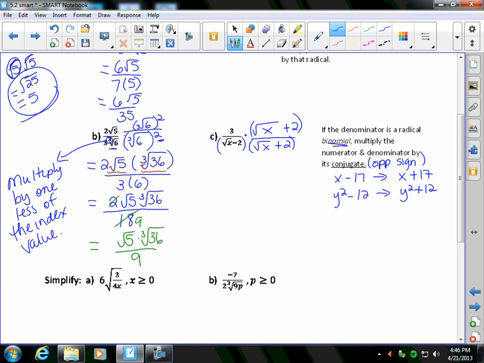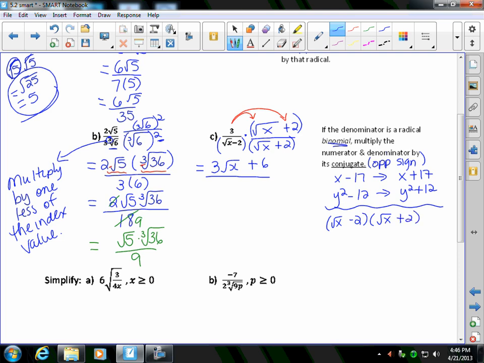Okay, so when I multiply through, on the top one, I'm going to have to distribute. So that leaves me with 3 square root x plus 6. And on the bottom, square root x minus 2 times square root x plus 2.